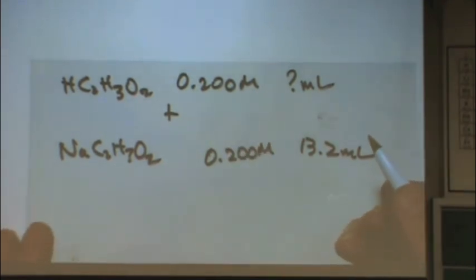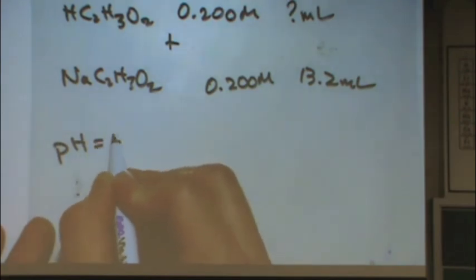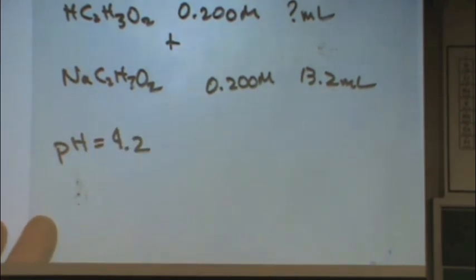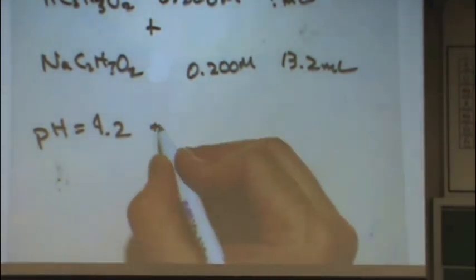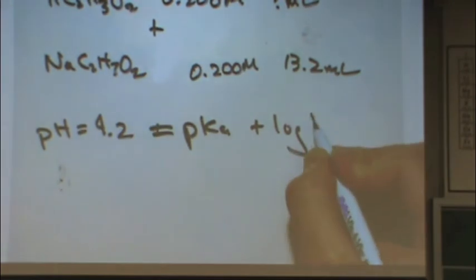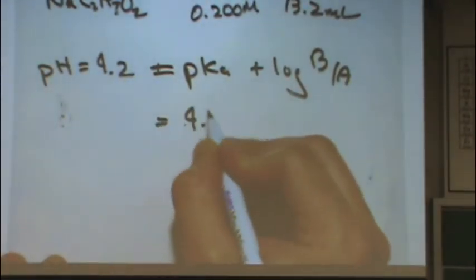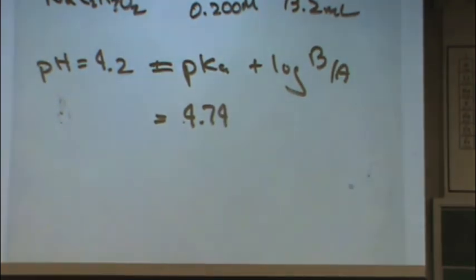Oh, same. Okay, and I want a buffer of pH equal to 4.2. Well, because it's a buffer, I'm going to write out my equation. pH is equal to pKa plus the log of the base over the acid. pKa is 4.74 in the table on the back of the exam for acetic acid.